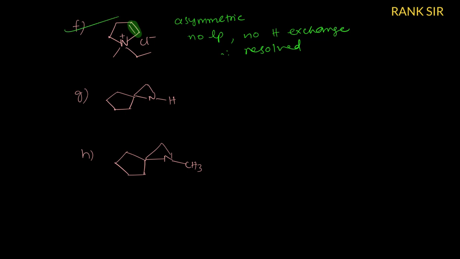Then what is the next? G. Now consider this is a smaller ring. But what is present here? Hydrogen is present on this nitrogen, therefore exchange takes place. So the hydrogen on the nitrogen atom can exchange here.